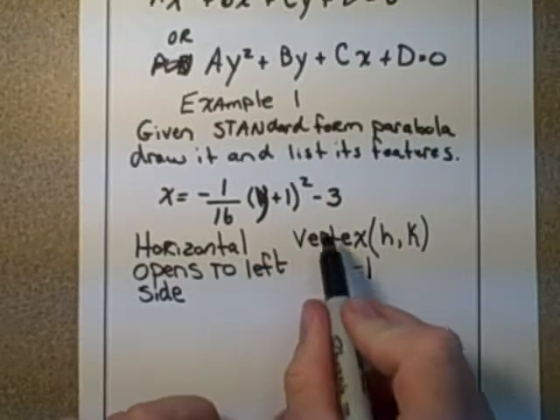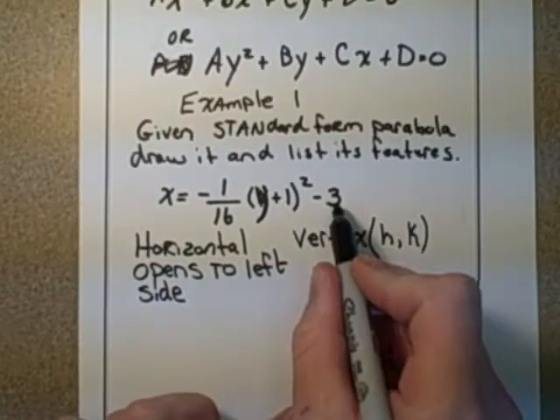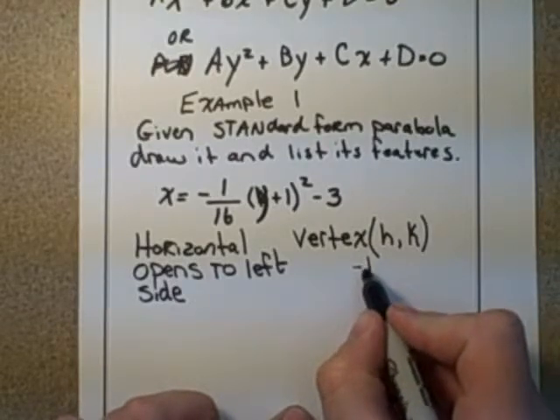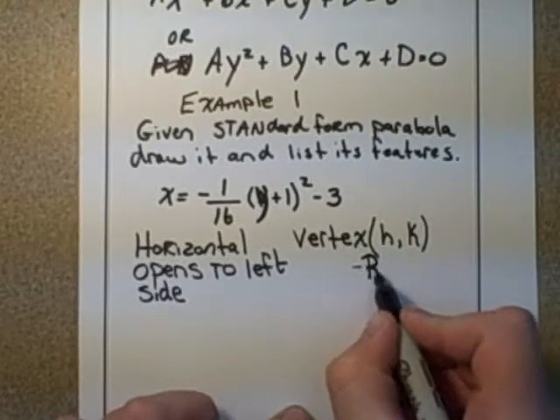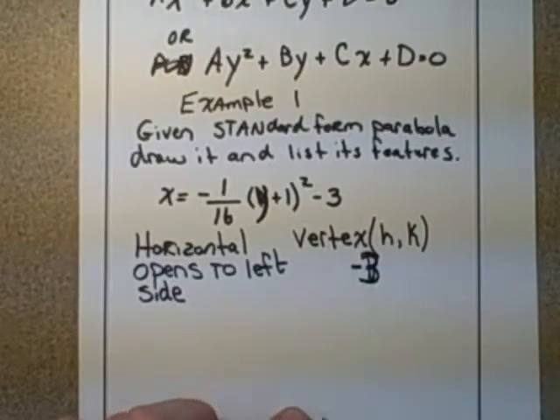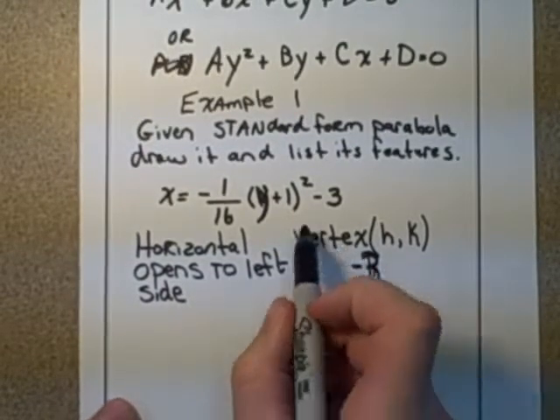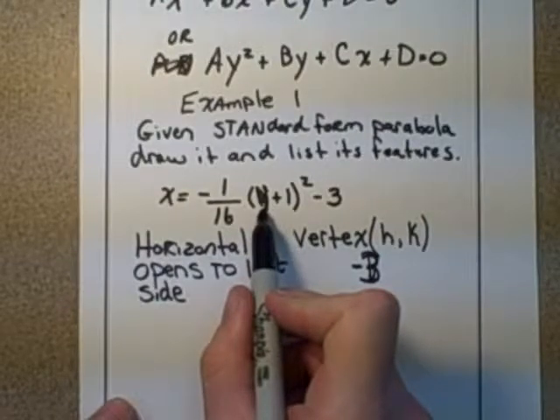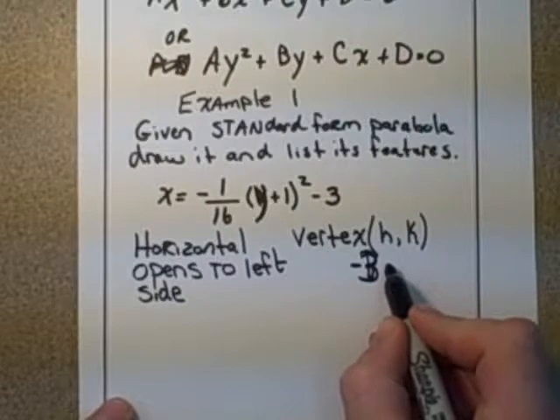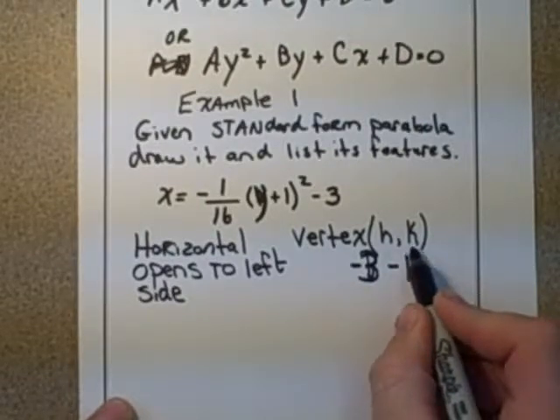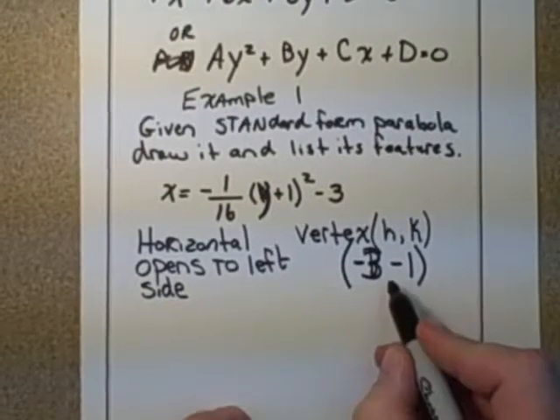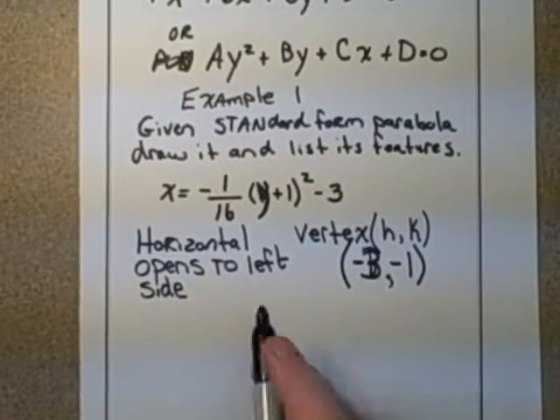So my h is actually going to be the -3 here, because this 1 is with the y. And the y squared term here, plus 1, is going to have the opposite sign, so it's -1 for the y point of the vertex. So the vertex is (-3, -1). Good thing I caught that.